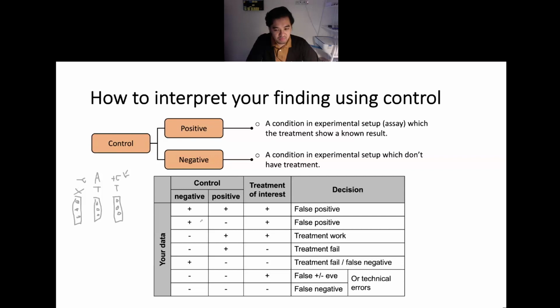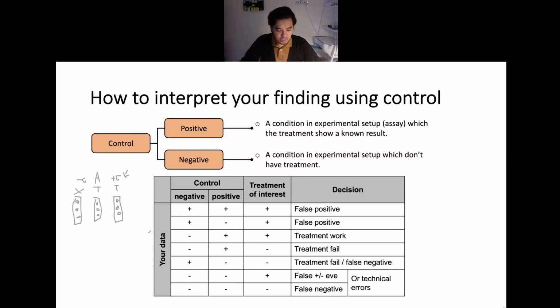This does indicate probably your treatment failed or you're probably committing a false negative finding. By having this negative and positive control, it definitely gives you a finding that indicates your treatment is actually a true finding based on the biological phenomenon. It is not due to a false positive.